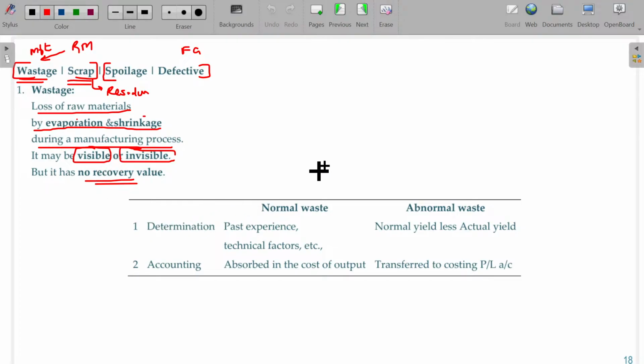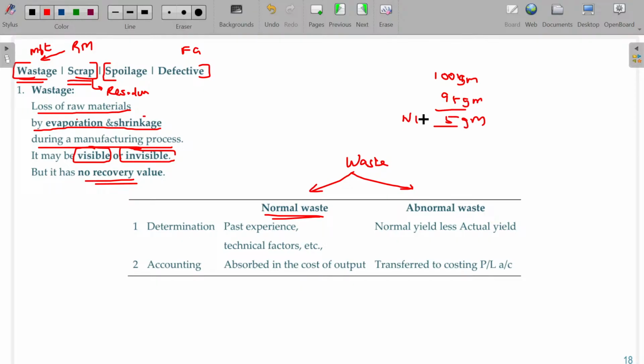Now, this waste may be normal or abnormal. How do we decide it is normal waste? For every 100 grams of input, usually you will get around 95 grams of output. 5 grams is usually lost. This is called normal loss.